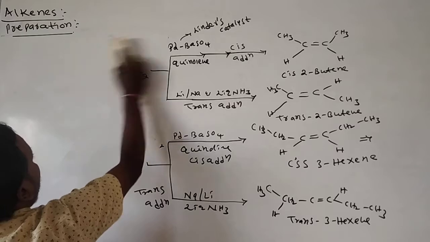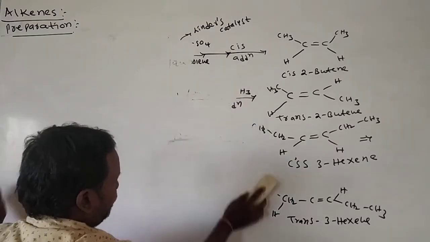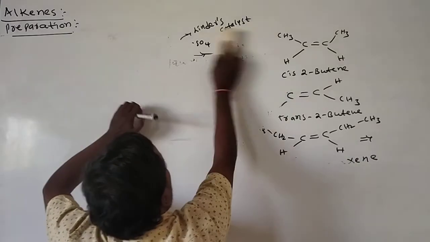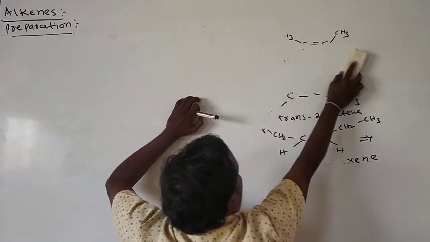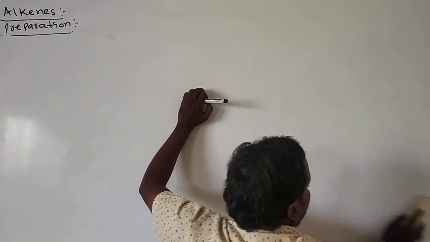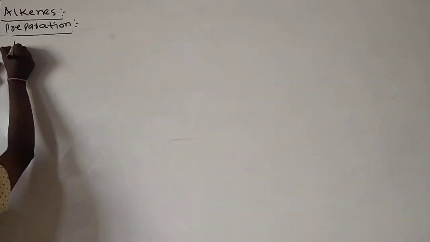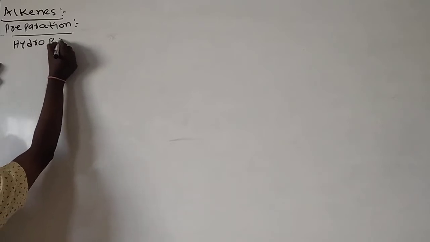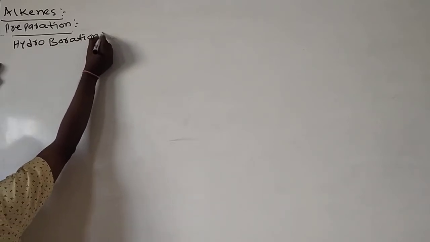that is hydroboration. What is the meaning of hydroboration? Addition of borane. Borane means BH3. Addition of borane we call hydroboration. By hydroboration, we prepare different types of alkenes.